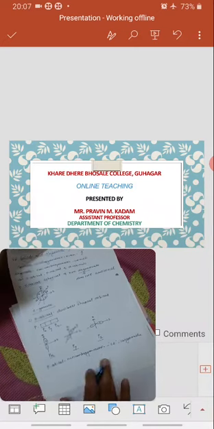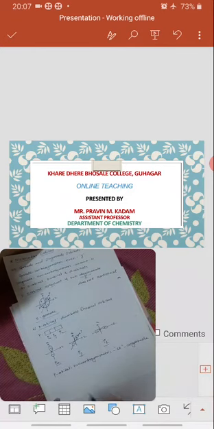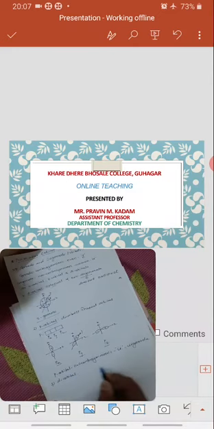Keep in mind, the s orbital is spherical. It is centrosymmetric. Therefore, this is gerade. And the p orbital is non-centrosymmetric. Therefore, you can show it is ungerade. Then the d orbital. Same dumbbell shaped.